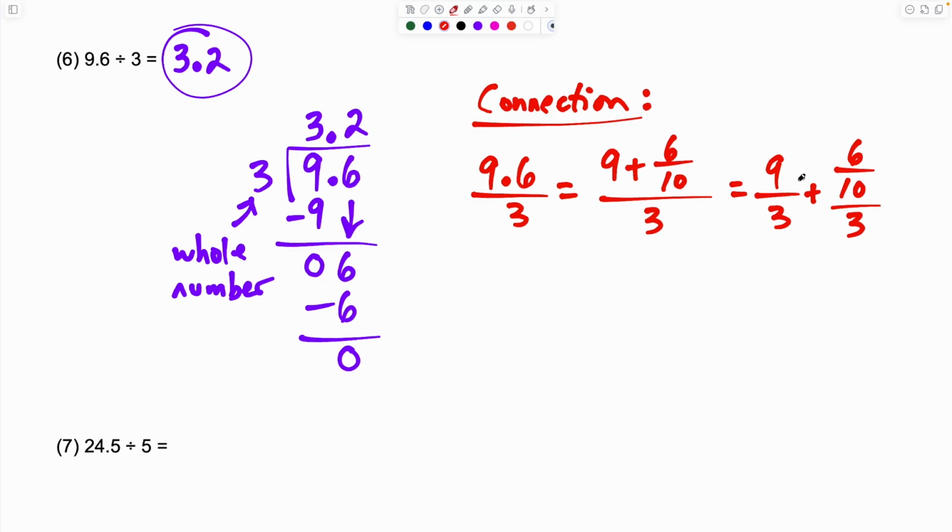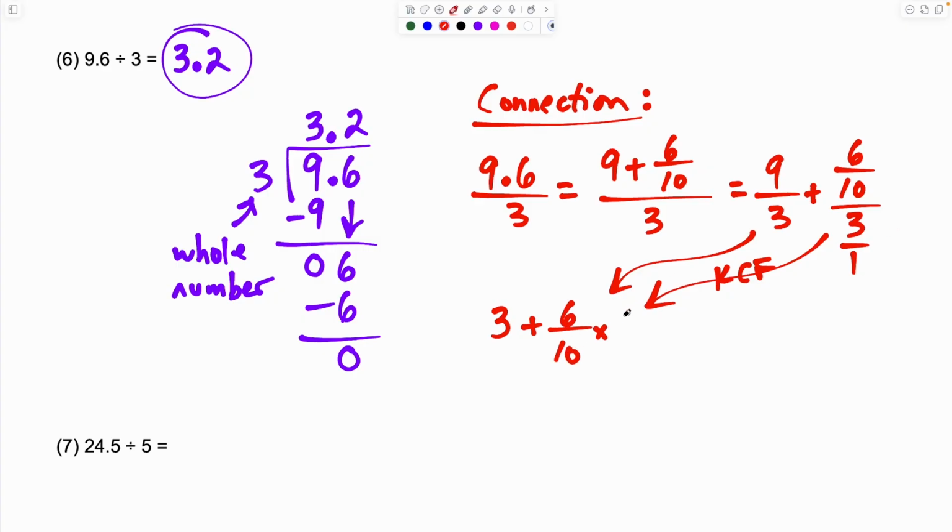And now if I go piece by piece, so over here, I'm going to say that 9 divided by 3 is equal to 3. Plus, when I do 6/10 divided by 3, think of this as 3 over 1. I'm going to use keep, change, flip. So I'm dividing this fraction here by the fraction 3 over 1, and I'm going to get 6 over 10 times the flip here is 1/3.